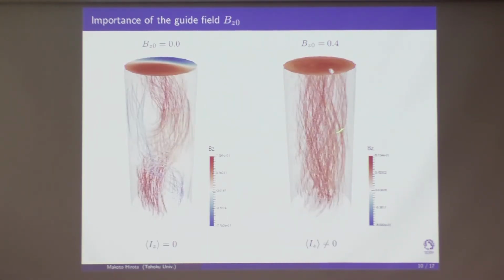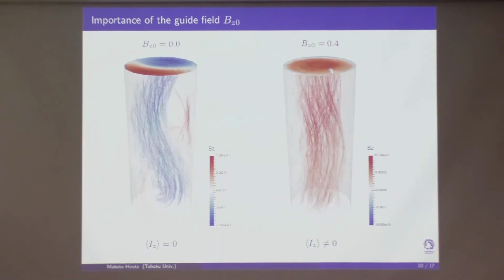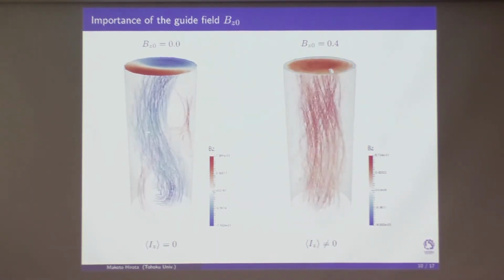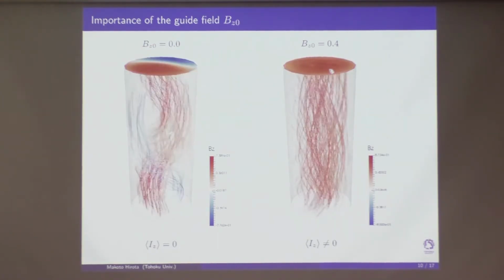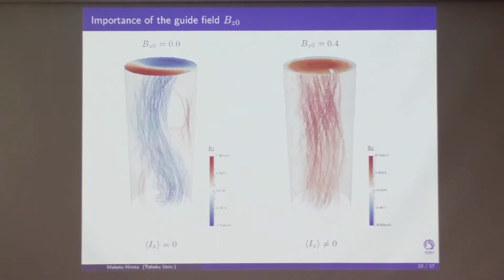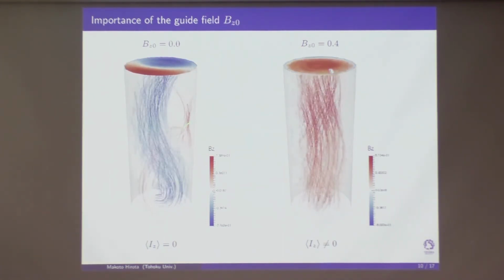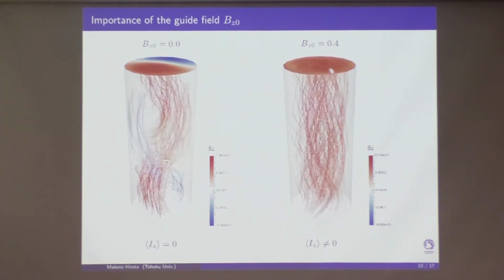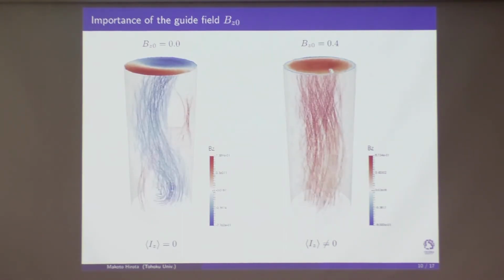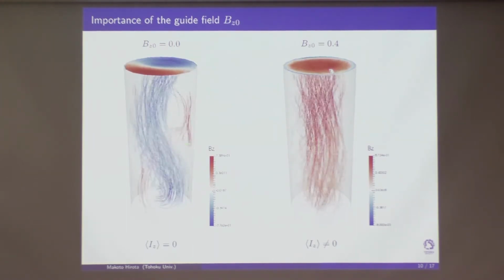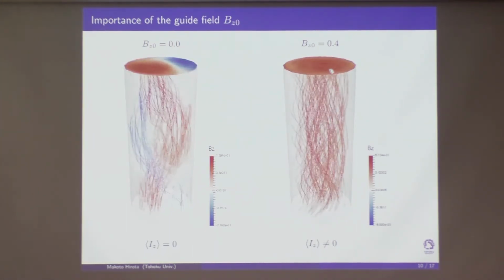But for weak magnetic field, Bz equals 0, we observe another type of relaxed state, which corresponds to the helical Taylor state. In this case, because of the positive and negative current, the total DC current is 0, but actually we can observe this helical structure in the core region.